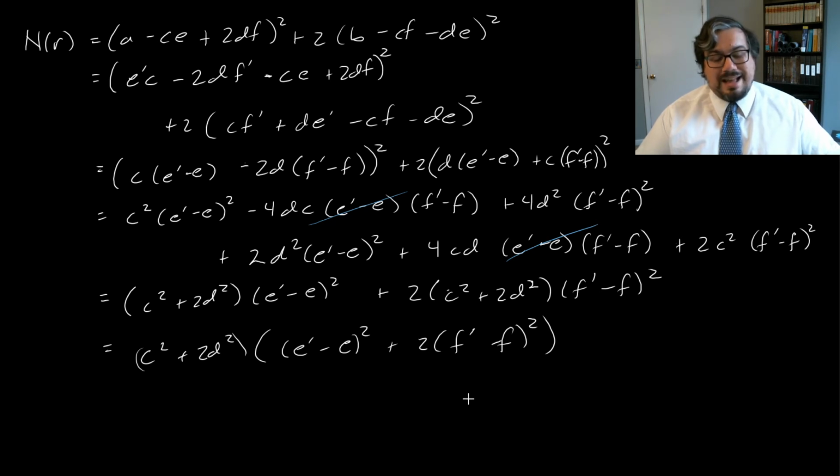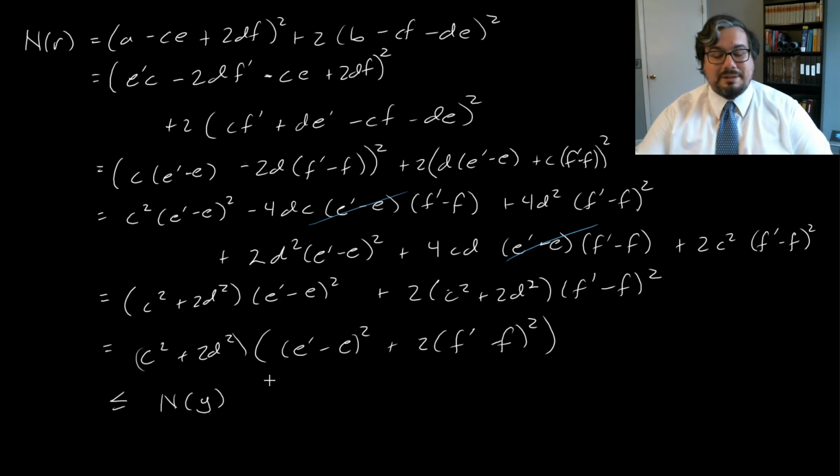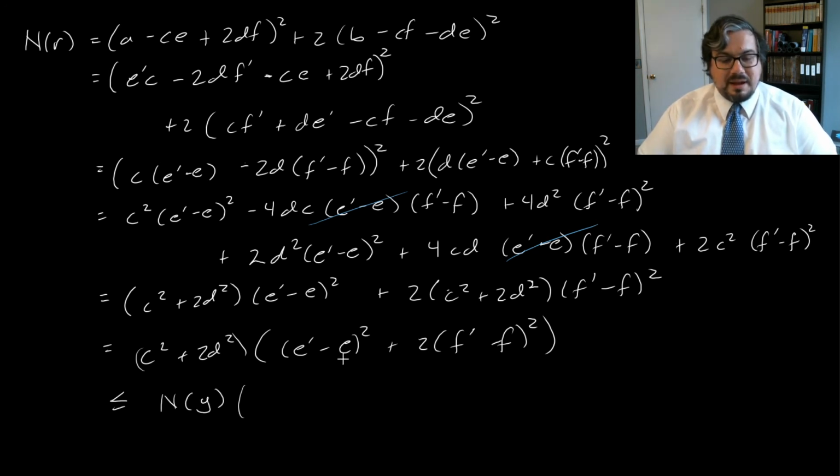defined R to be x minus y times q. Now, notice that c squared plus 2d squared is exactly equal to the norm of y. E minus e prime is at most 1/2.